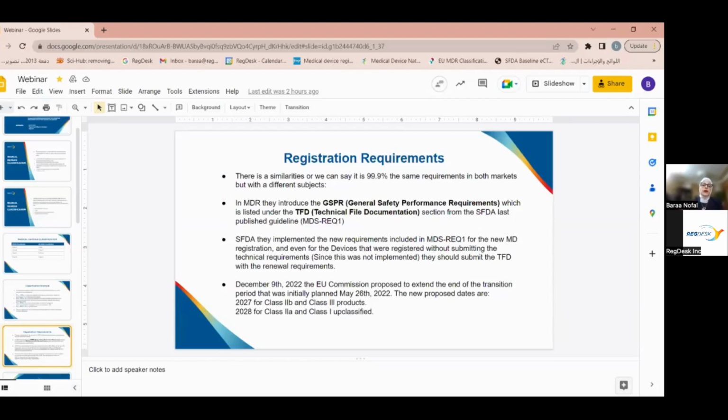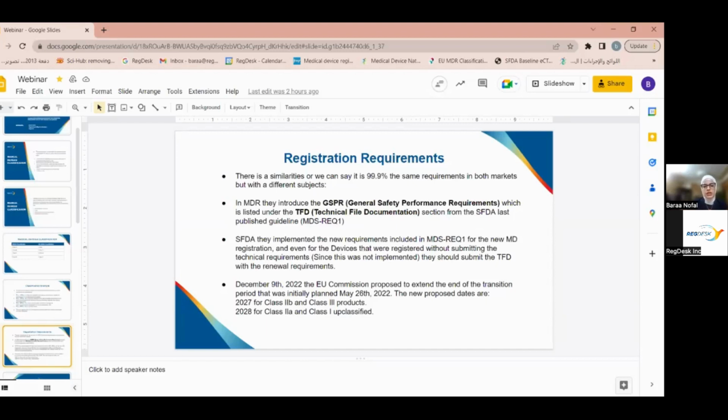And then, as we discussed in the previous webinar, Saudi Arabia implemented the technical file documentation and requested it for all classifications, and they removed the low risk or listing procedure from the new guideline.